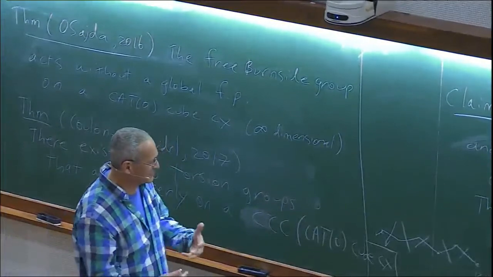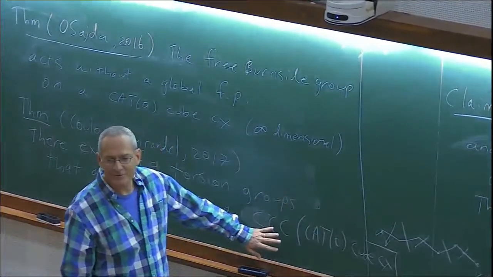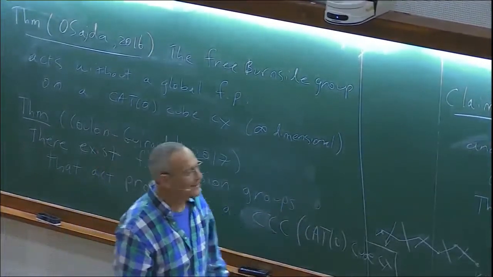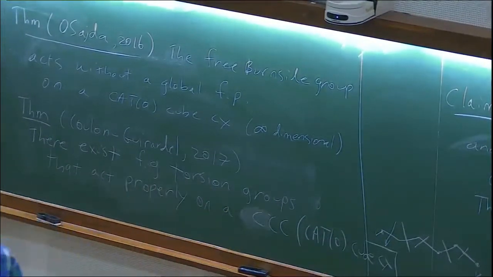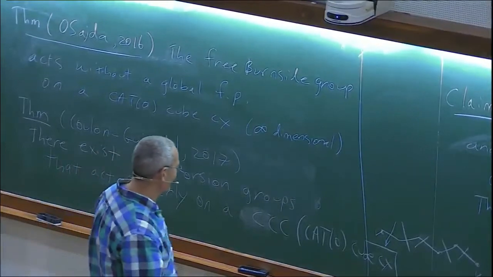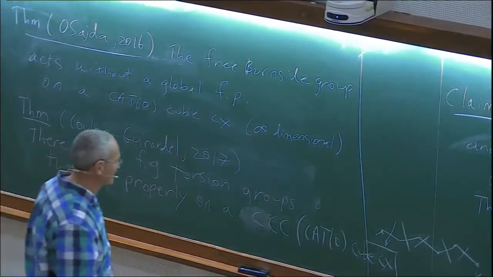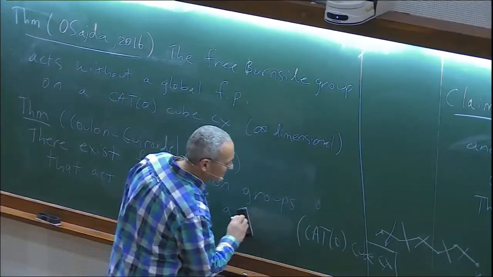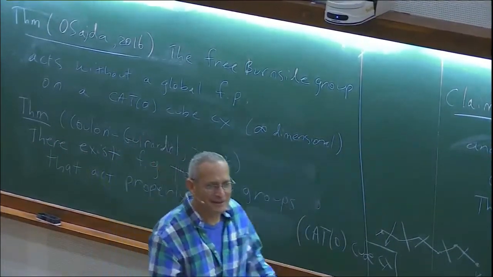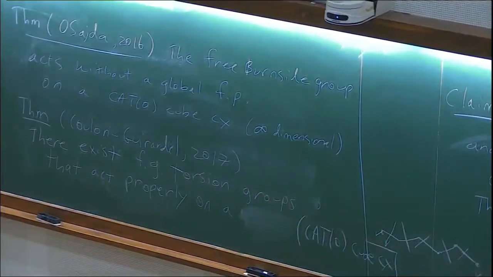It's emotionally difficult for some people. Okay, so let's maybe not. Well, we don't want anybody to get upset. I'll write CAT(0) cube complex. It's okay.